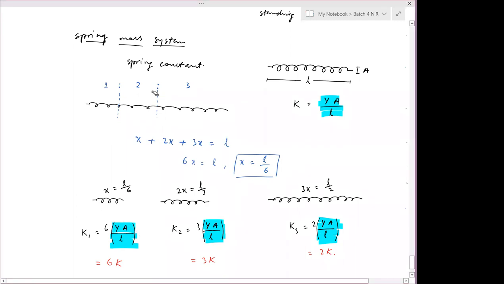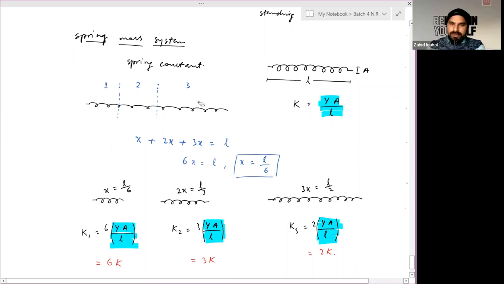Since this particular spring is divided into 3 segments having ratio 1 is to 2 is to 3, the first part I have taken as x, the second as 2x, and the third as 3x. The sum of these three will equal the actual length of the spring, that is L. So first I calculated the value of x.